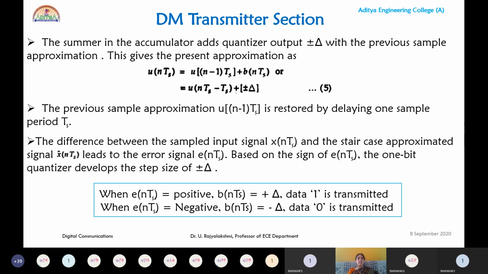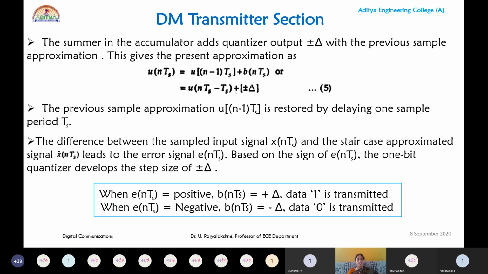So I can say that the accumulator data u(nTs) can be related as u((n-1)Ts), the past sample approximation, plus b(nTs), where b(nTs) is the output of the 1-bit quantizer. You can rewrite b(nTs) as delta times sign of e(nTs), that is plus or minus delta.